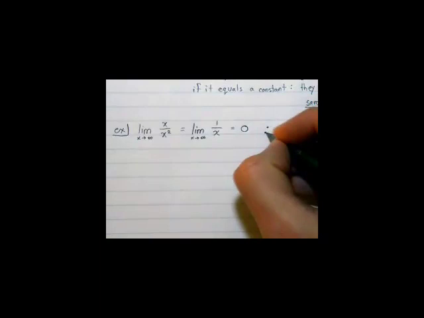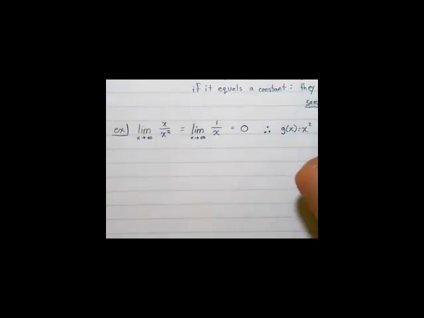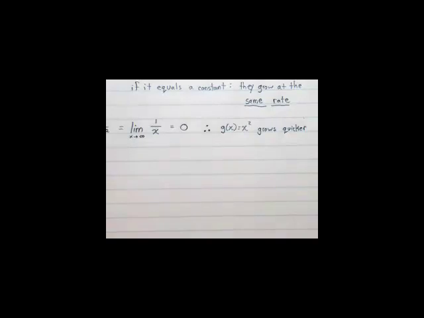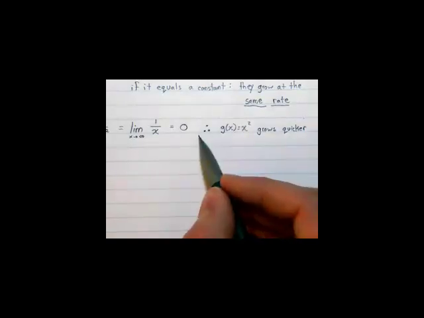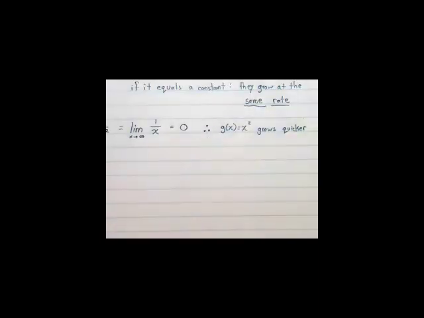Therefore, g of x equals x squared grows more quickly. You ever seen this little symbol before with the 3 little dots? Yeah, it means therefore. So therefore g of x equals x squared is the quicker one.